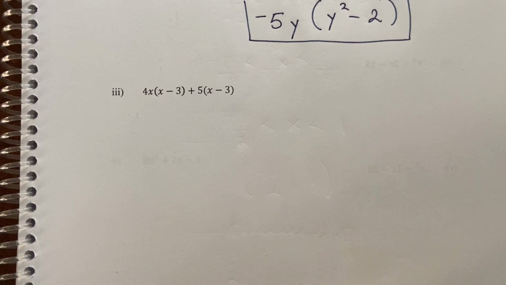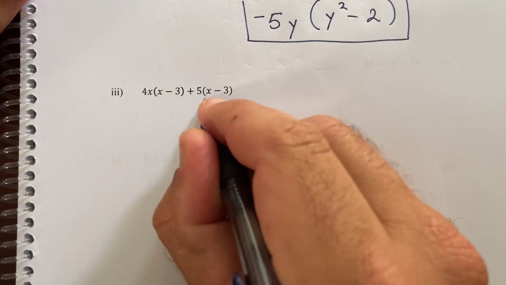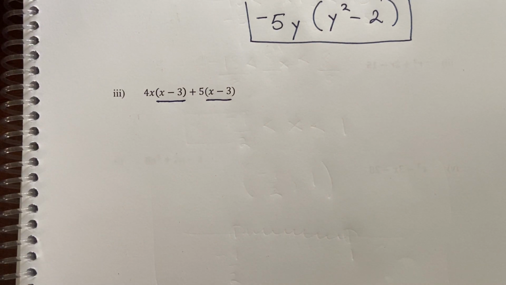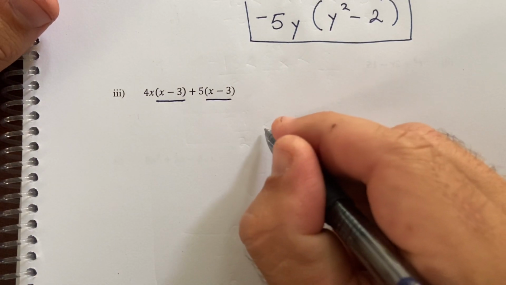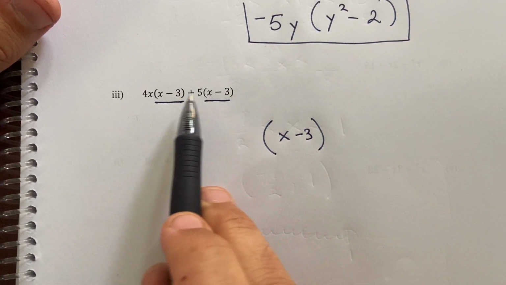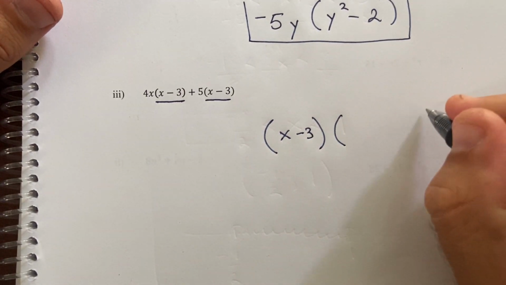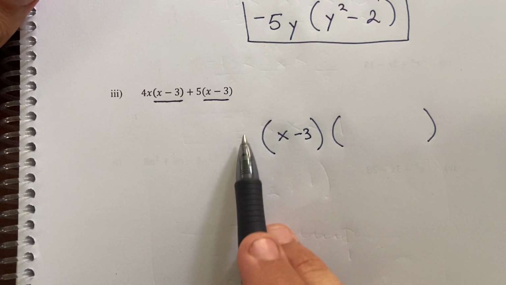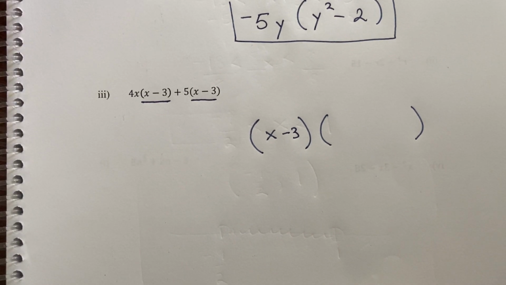Okay, but this x minus 3 is just one object, and it's attached through multiply. So when I factor out, I'm actually going to factor out an x minus 3 because it's common to both.